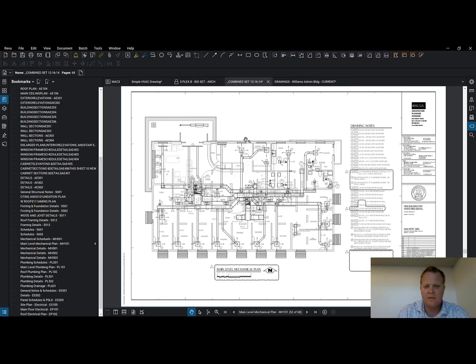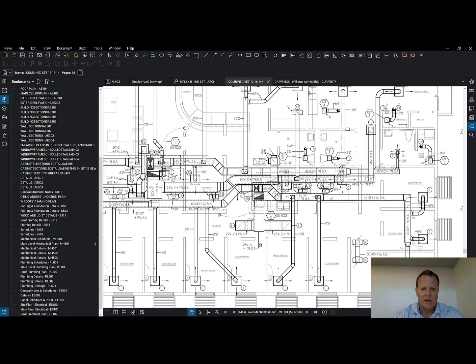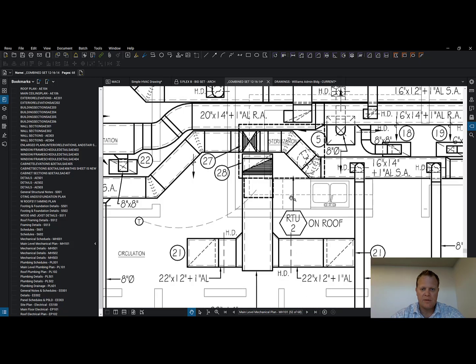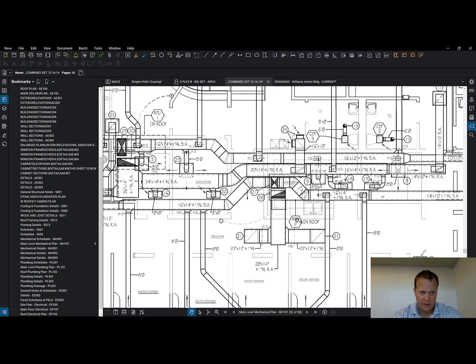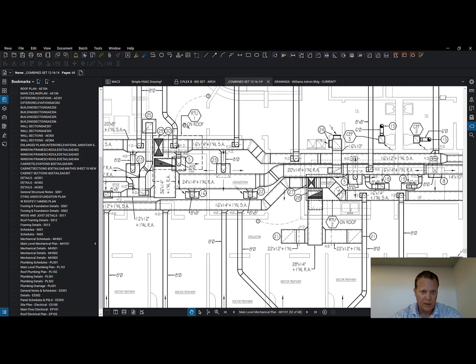It gets more complicated. This is a dentist's office, and we've got the main mechanical plan here. So let's trace out what's going on. On the roof, there's a rooftop unit number 2. And on the roof over here, there's a rooftop unit number 1.